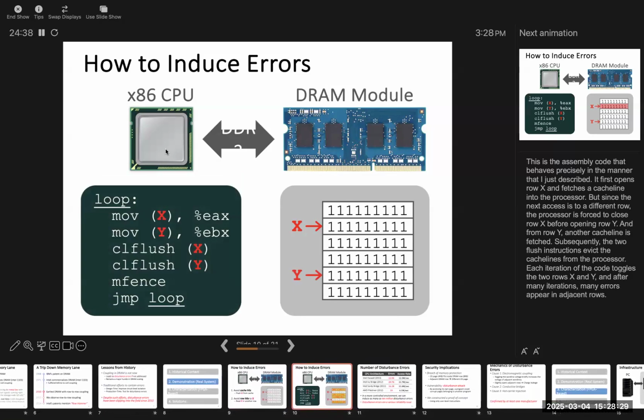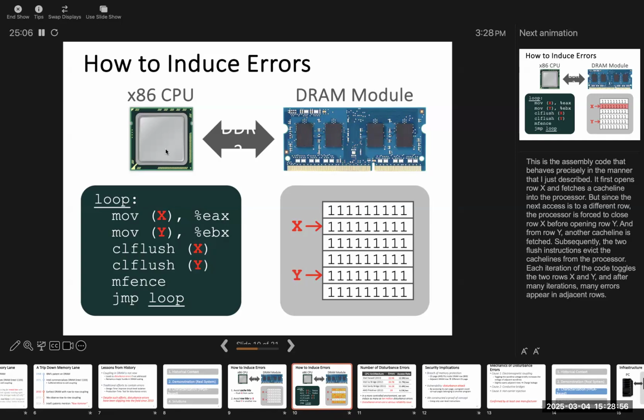You say move data from address X. These brackets mean that X is used as an address, so read data from this address and load it into EAX. Whatever is in Y, load into EBX, then flush X, flush Y, fence, and then go back to the loop.